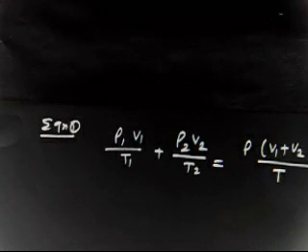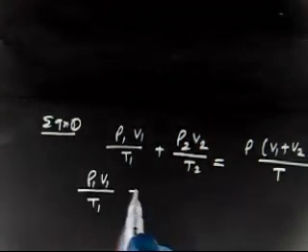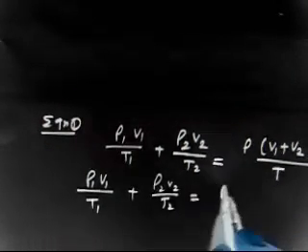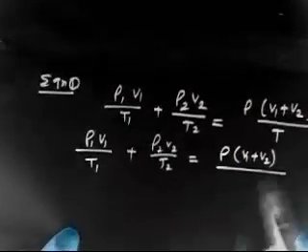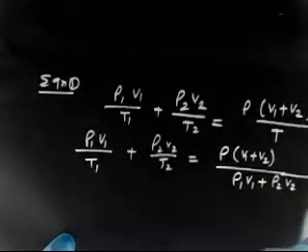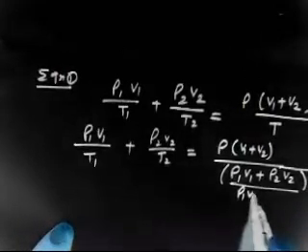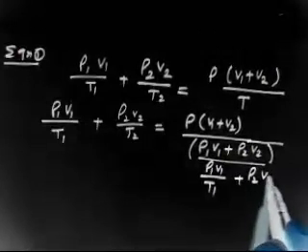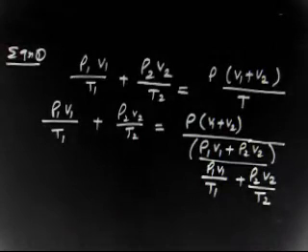You can solve yourself. So let me write P1 V1 by T1 plus P2 V2 by T2 is equal to P (V1 plus V2) divided by T. So T is nothing but P1 V1 plus P2 V2, divided by P1 V1 by T1 plus P2 V2 by T2, and if you solve for pressure you will get the value of pressure.